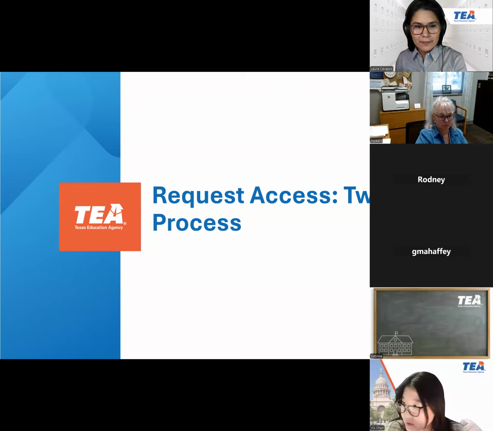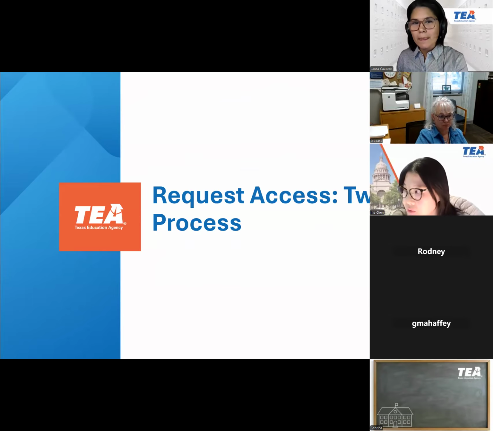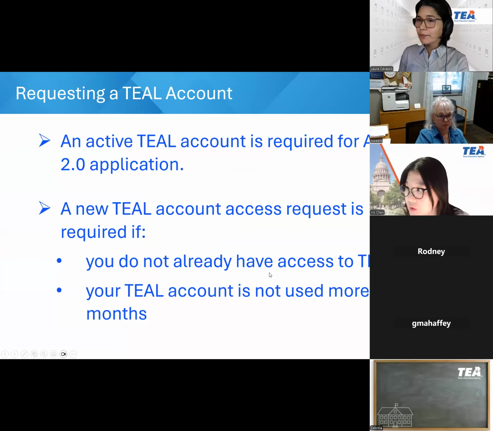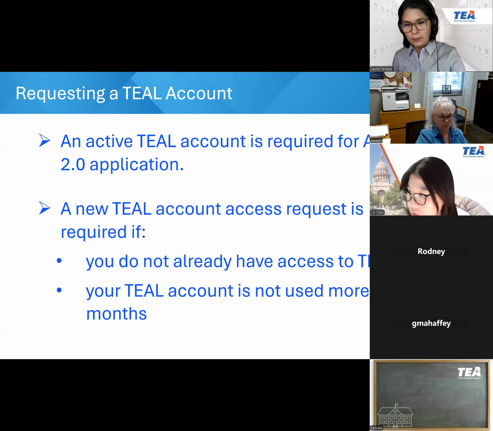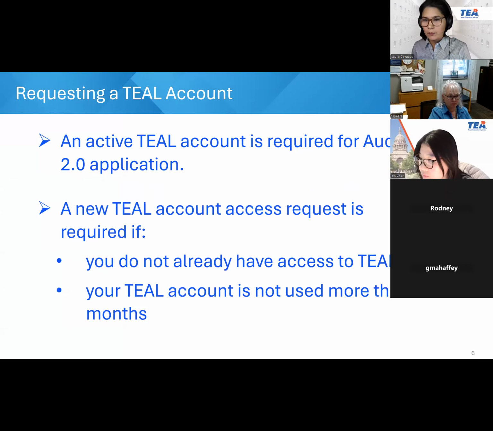Hi, everyone. So we are going to go through the access process first. First of all, you will need to have an active TO account in order to get the application in this Audit 2.0.